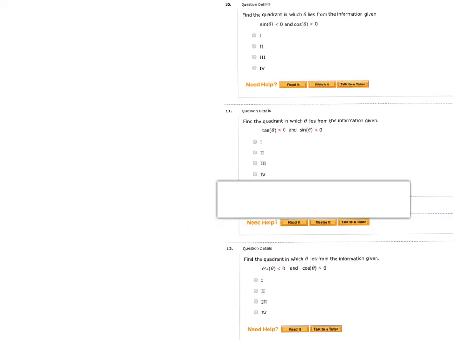All right, next up here, we're having to pick the correct quadrant here. So this is kind of all based on the All Students Take Calculus trick, which means that out of the main 3 trig functions, all of them are positive here, sine is positive here, tan is positive here, and cosine is positive here.